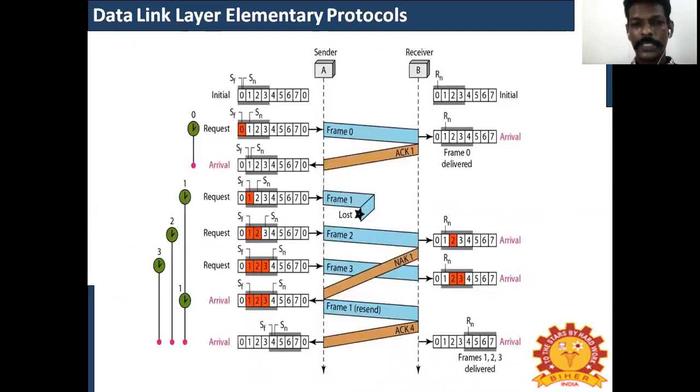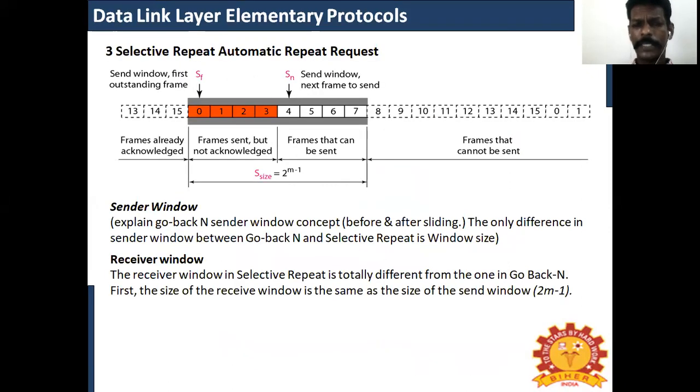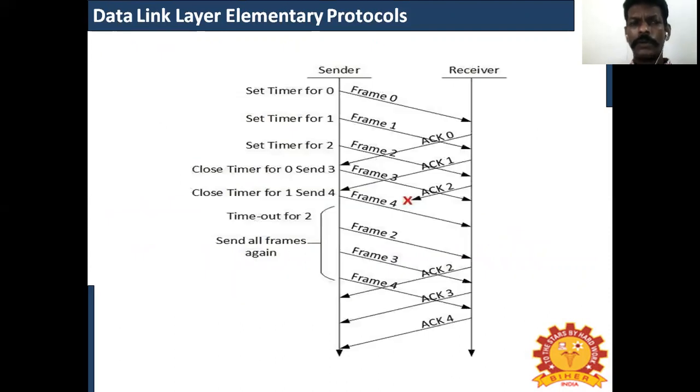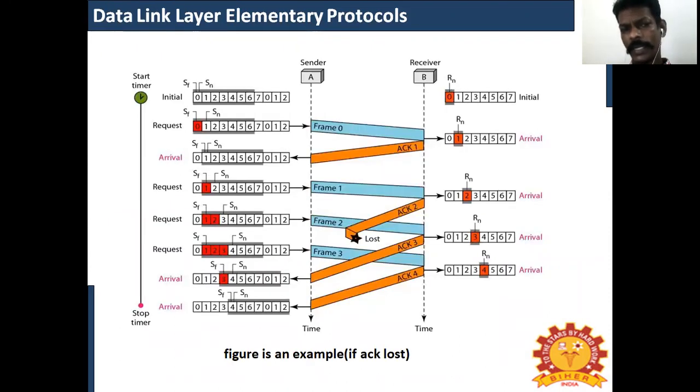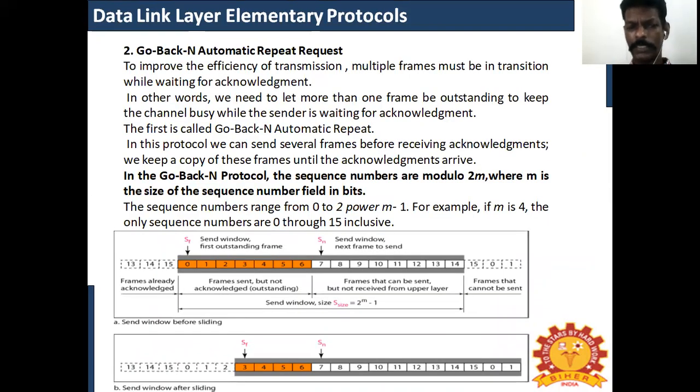After setting the window size, n number of frames can be sent from the source to the destination machine. If there is any loss of a frame or loss of an acknowledgement, a negative acknowledgement will be generated. After getting the negative acknowledgement, I again send the lost frame in the case of selective repeat ARQ. So these are some of the data link layer elementary protocols we discussed.